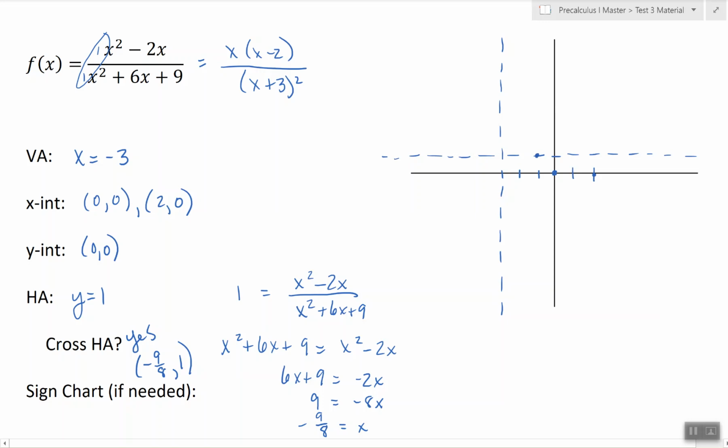So I'm going to draw that point there, and we'll see what's going on here. I know my graph has to do something like this over here, because if it were down here, we'd have to have another x-intercept over here for it to cross through, and it does not. So I'm going to go like this, pick up this point, and the end gets pulled toward the asymptote.